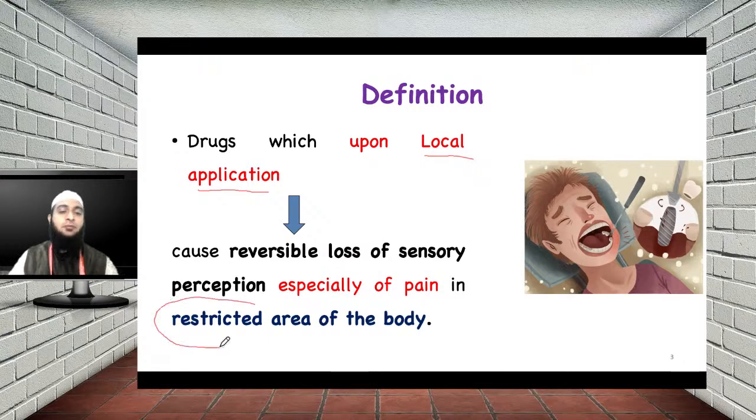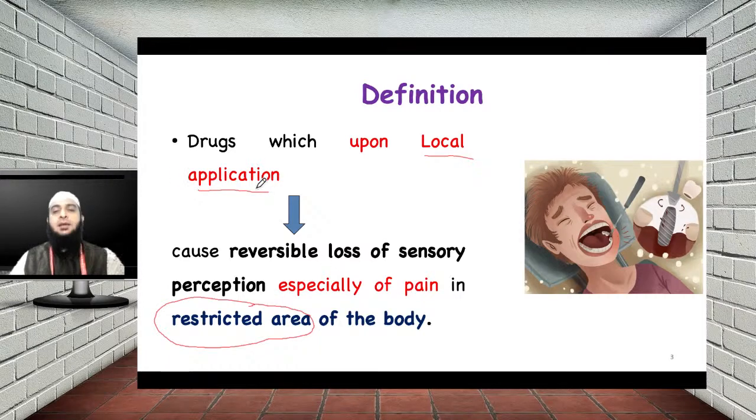The second important thing is that it doesn't produce loss of sensory perception in the entire body, which is what is done by the general anesthetics, but it produces loss of perception especially of the pain only in the restricted area where you have applied local anesthetics.